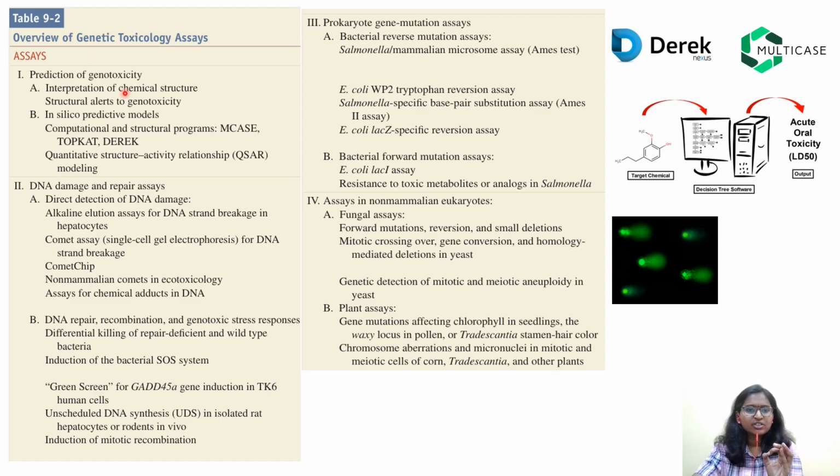Prediction of genotoxicity is there: interpretation of chemical structure, structural alerts to genotoxicity, in silico predictive models, computational and structural programs, MCASE, TopKat, DEREK, and quantitative structure activity relationship modeling. So the first point is talking about prediction of genotoxicity by using certain softwares. What are those softwares? DEREK, Multicase, QSAR.